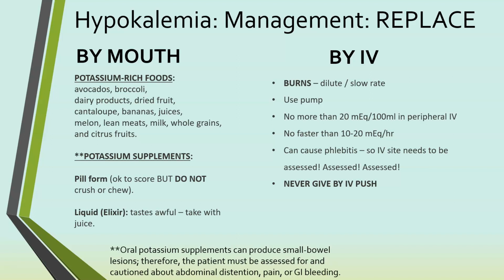It can cause phlebitis, so IV sites need to be assessed. And never, ever, ever give potassium by IV push unless you want to kill your patient. So there's a lot of points here you need to know, all for testing purposes.